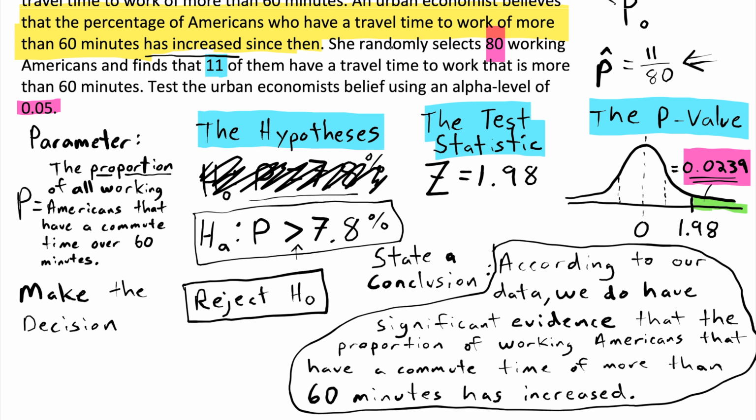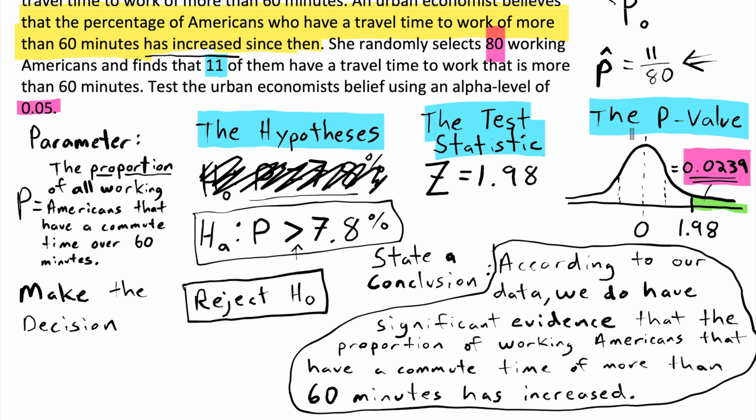It tests some belief, it tests some hypothesis using data and makes a statement about what we think happened with our parameter. And in this case, we do think that commute times have gone up since they were measured in 2009.